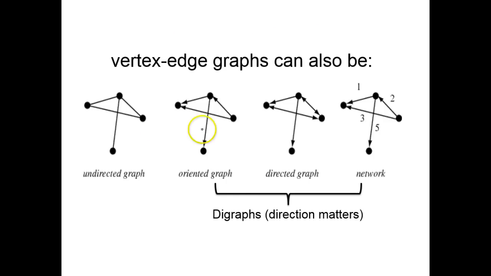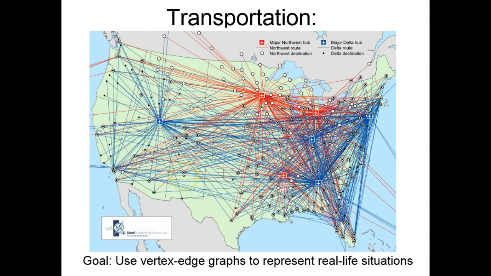Vertex edge graphs can also be digraphs if you have arrows indicating a directionality between vertices. Vertex edge graphs are used in many fields in the real world.